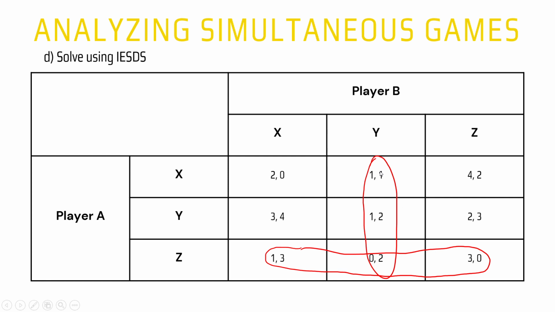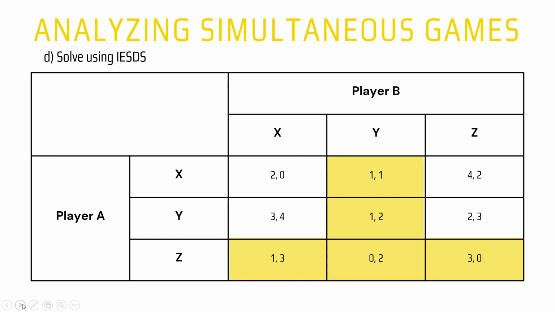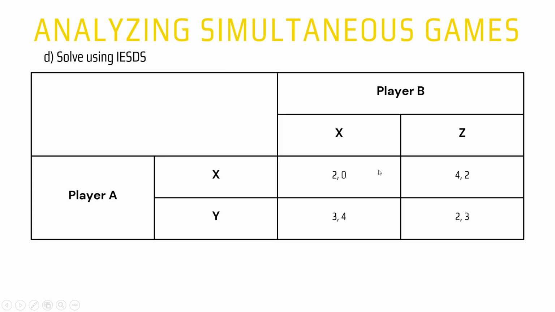So by IESDS, we can now remove these strategies. We are now left with a 2 by 2 table. By considering this table, we can see that there is no particular strategy that we can eliminate. So we must now look at the individual cases or the individual actions that each player can take.